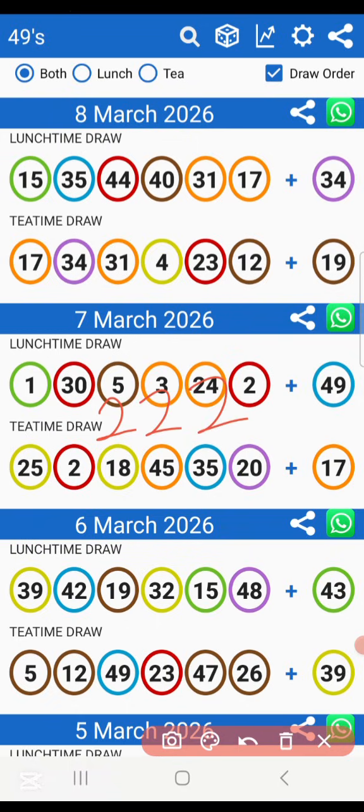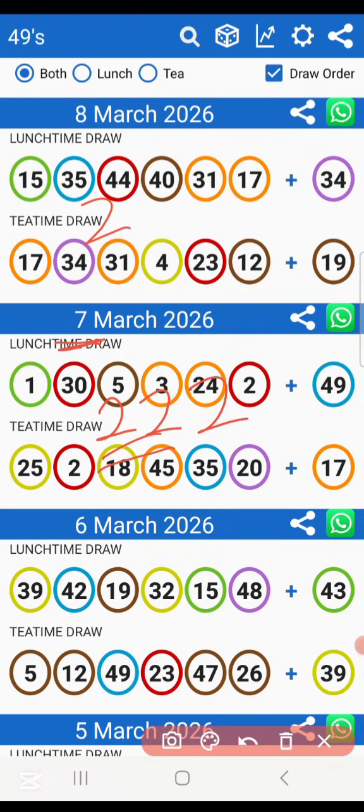Yeah. So look at this, guys. You have 2 repeating 3 times now. So before anything, just recognize that and know that 2 has a possibility of coming. So you're gonna put 2 there. You're gonna add it as one of your bankers already, and then you're gonna focus on the first 2 digits, because remember the number 22 was supposed to drop on the 7th of March, but it did not.